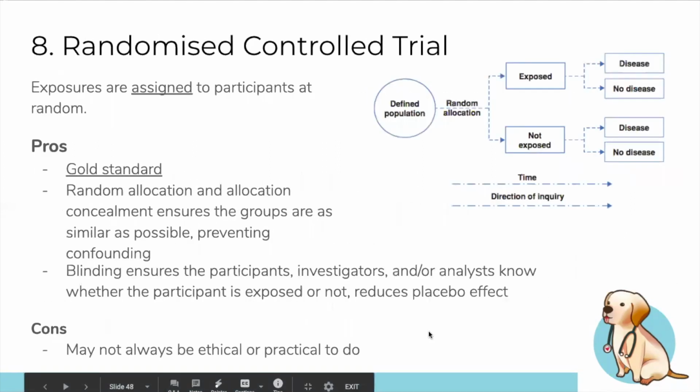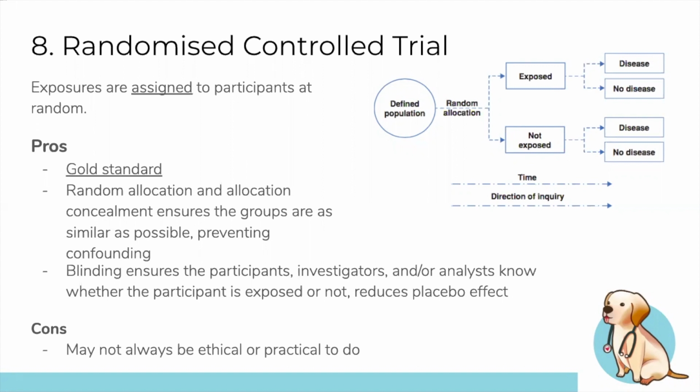Okay, and then we're getting to the good stuff, randomized controlled trials. So you as a researcher assign the participants' exposures, and this is always listed as the gold standard of epidemiology. In terms of making sure that the process of assigning exposures is really solid, you go with random allocation and allocation concealment, which allows for the two groups to be as similar as possible.